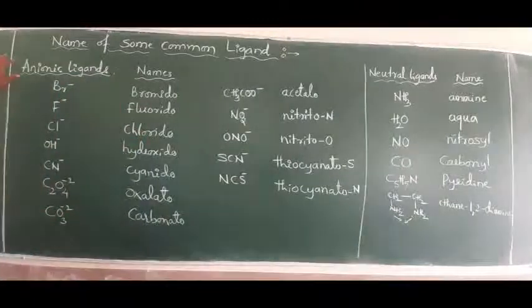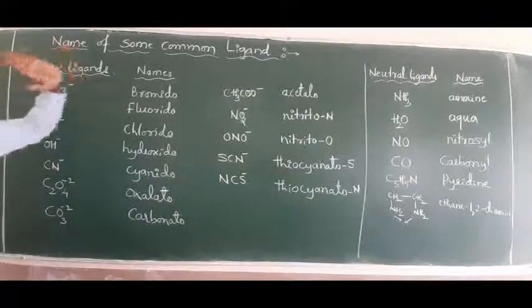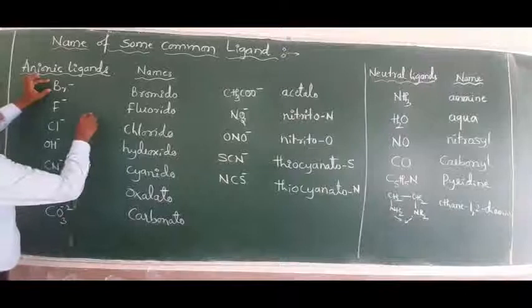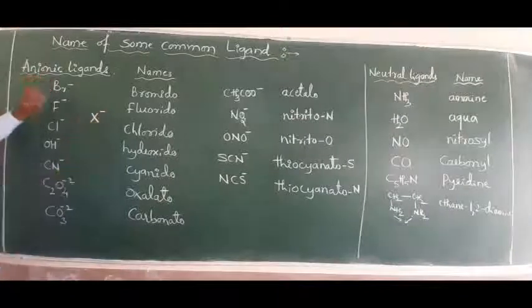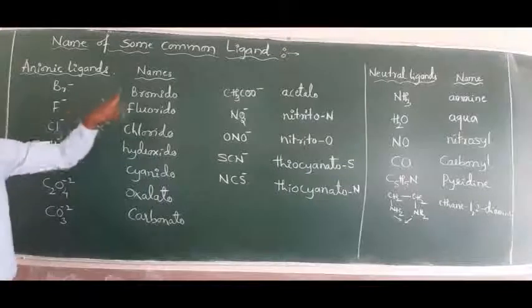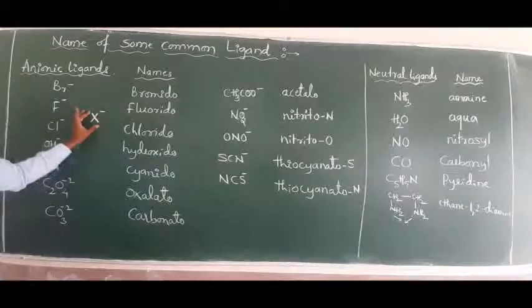Let us begin, friends. The types of anionic ligands and their corresponding names. If the compound is Br minus, generally we call it X minus, where X stands for halogen. As a ligand in coordination compounds, halide is named halo.